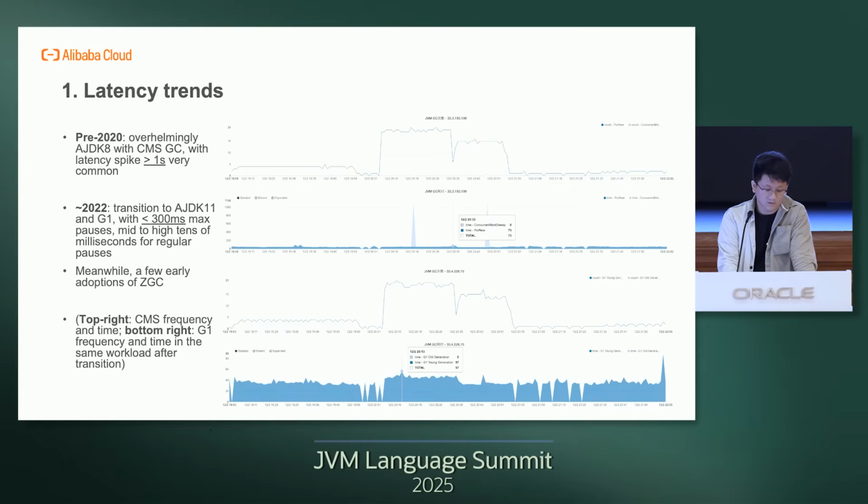First is the trend in latency that we have observed. Around 2020 or before that, our company was overwhelmingly using JDK 8 with CMS GC, and it was very common to see latency spikes over 1 second. By the way, this is from a very important application in e-commerce, and I'm using it throughout the whole example.